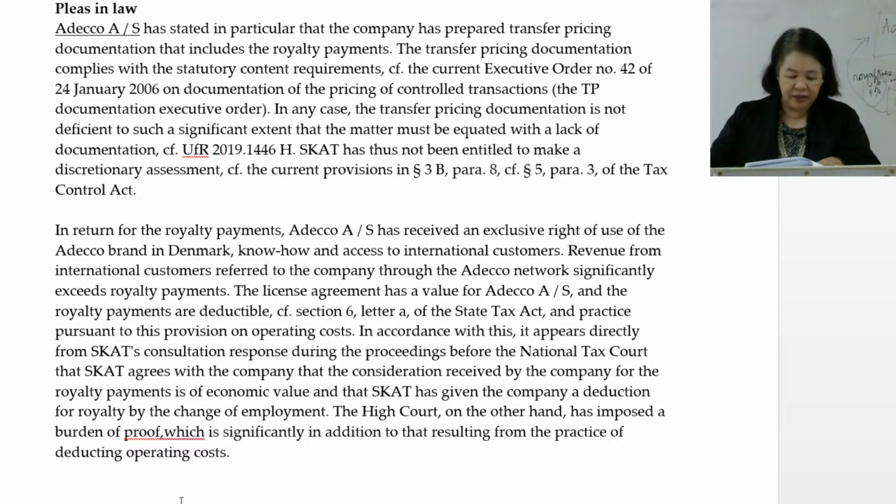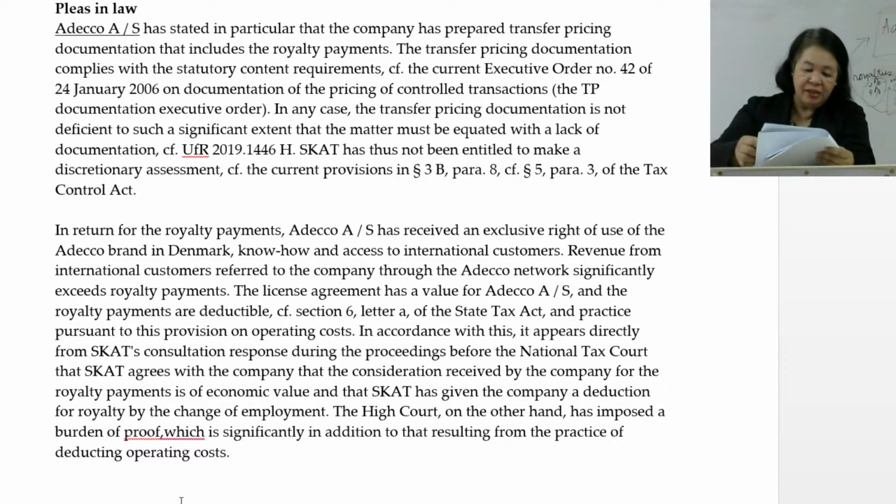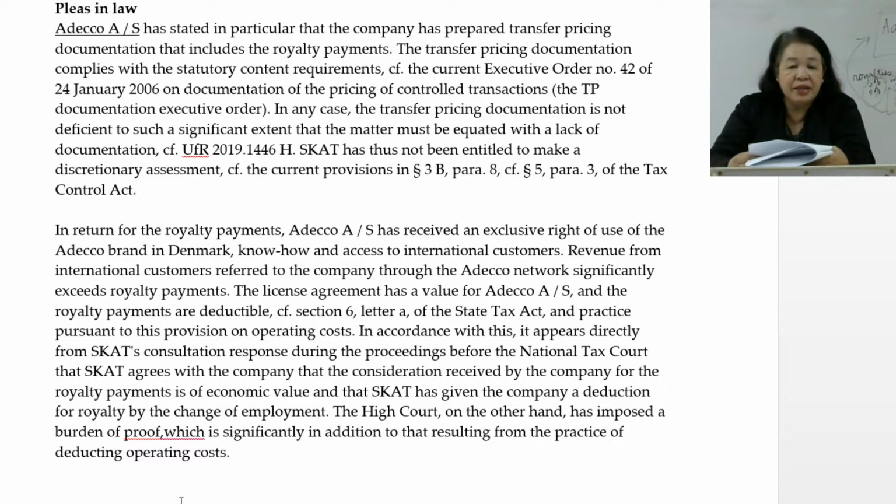Paragraph 3 of the Tax Control Act. In return for the royalty payments, no, magkano yung royalty payments na binabayad dito ni Denmark, no, sa parent company niya, group in Switzerland, no, 4% for the professionals and 2% for the industrial, no? Okay.